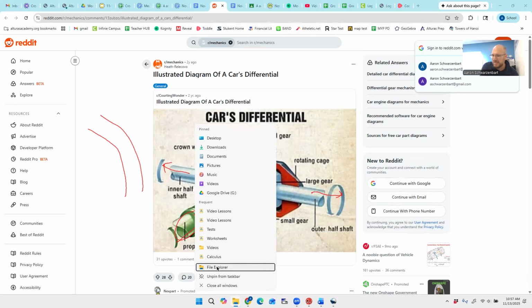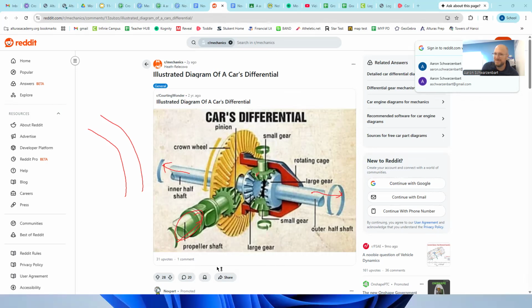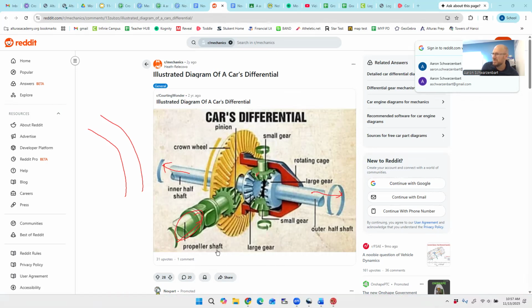Trains don't have differentials, they have a solid axle. Trucks do not have a solid axle, they have a solid housing outside of an axle that actually spins it. You've got an axle inside of something that's solid.